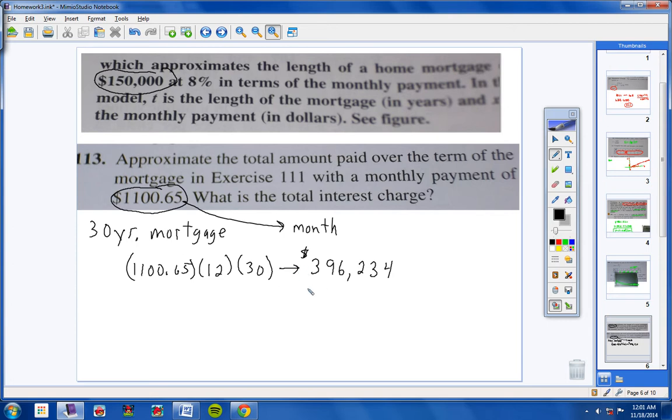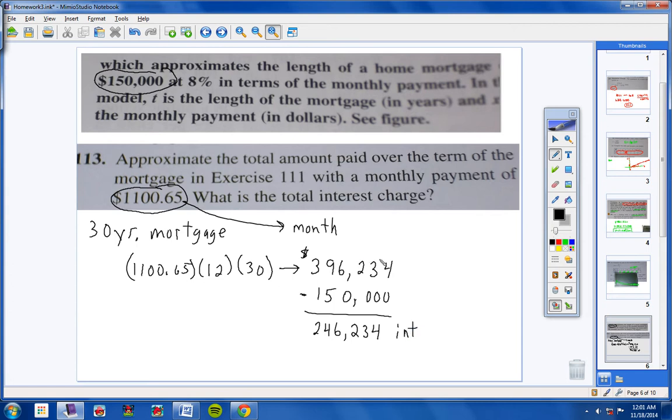Well, subtract out the $150,000, and you will see they paid $246,234 in interest.